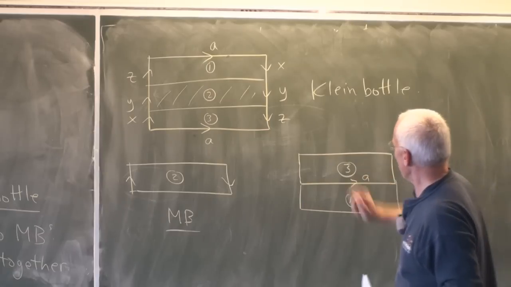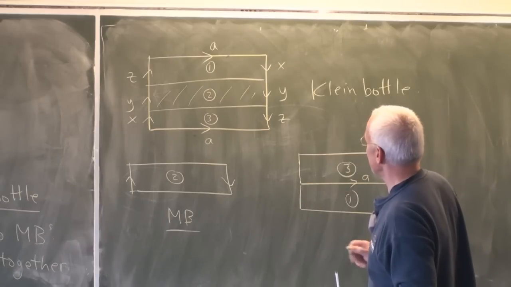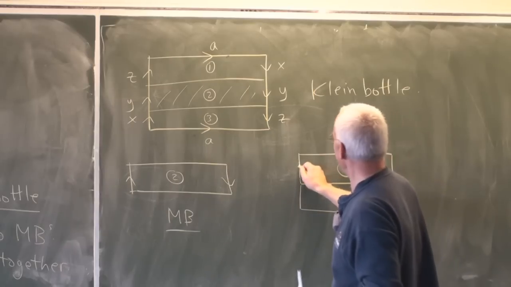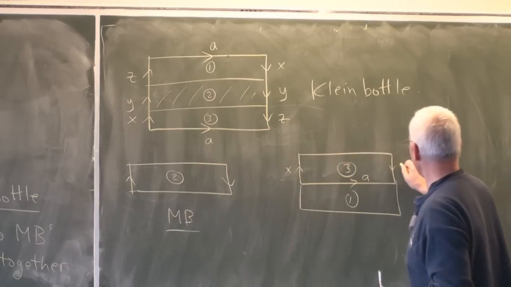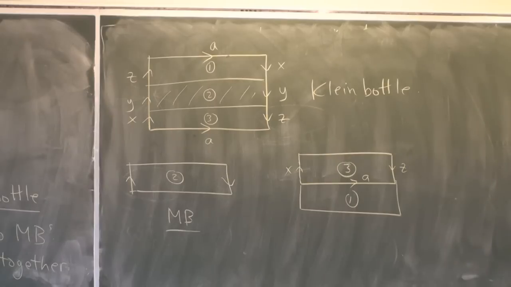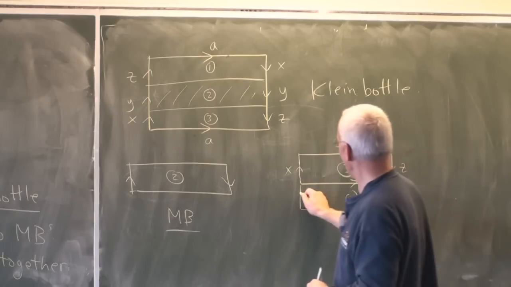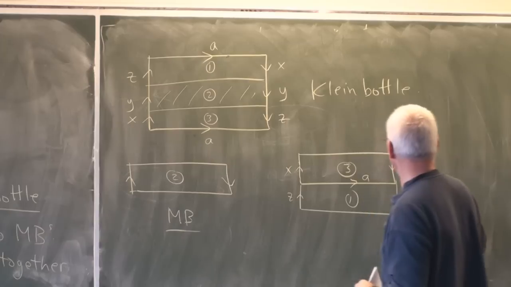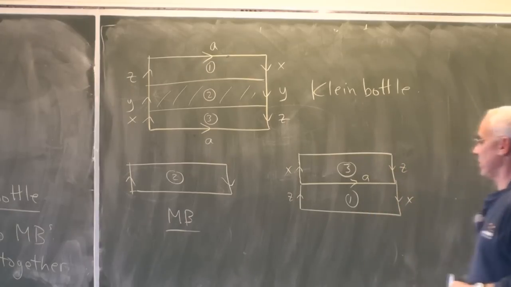Okay, now what does the rest of it look like? So this is number 3, so there's an X over here and a Z over here. And piece number 1 had a Z over here and an X over here.